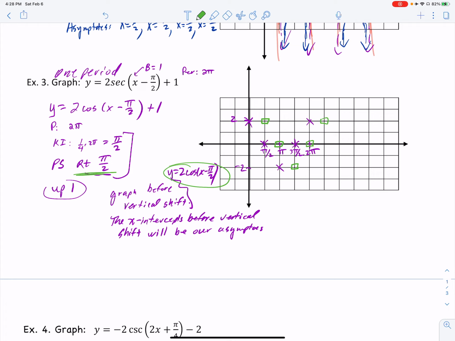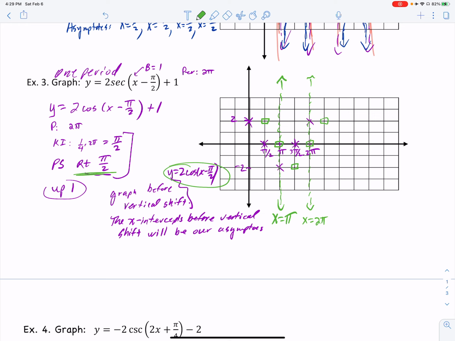And so where you have the zeros on this graph before your vertical shift, that is going to be where we have our asymptotes. So for one period, I am going to have a vertical asymptote at x equals pi, and I'm going to have a vertical asymptote at x equals 2 pi. Those are going to be my vertical asymptotes for secant.